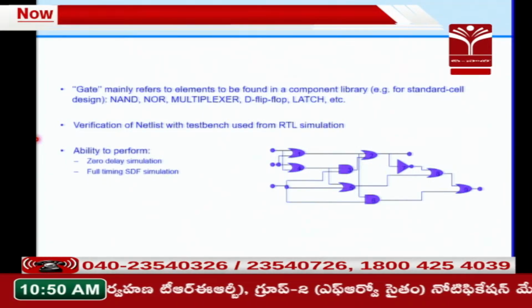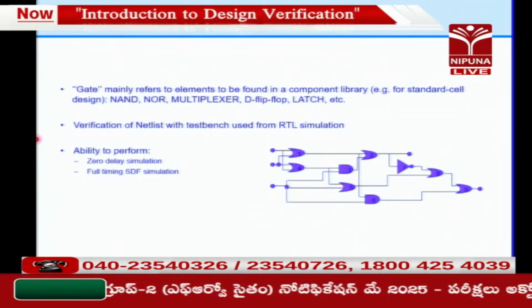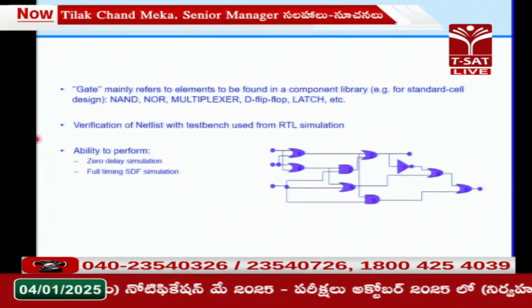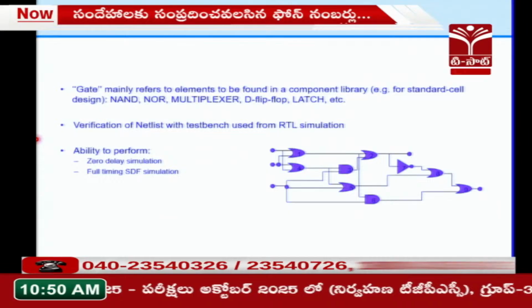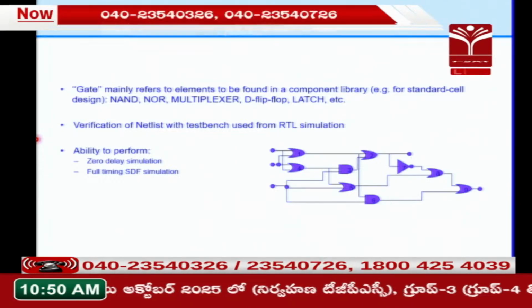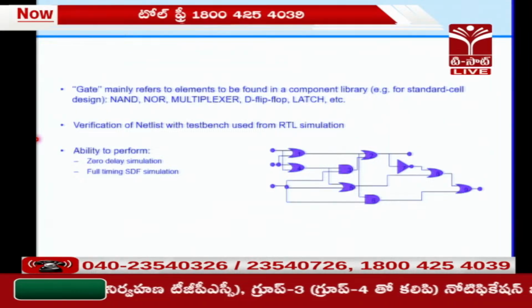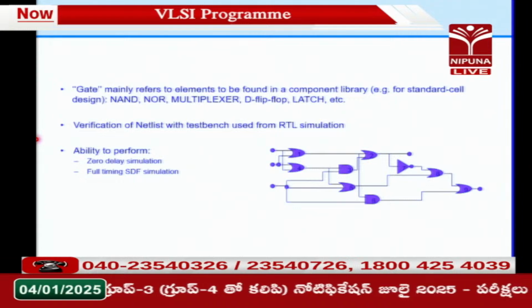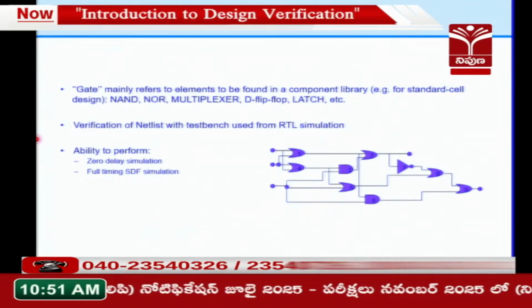Now, the important aspect of gate level simulation is that you can accurately specify the delays associated with each net. Basically, what is zero delay simulation? It is an ideal world. I have gates, and I have wires which are connecting one gate to another gate, and I say that there is no delay between these things.